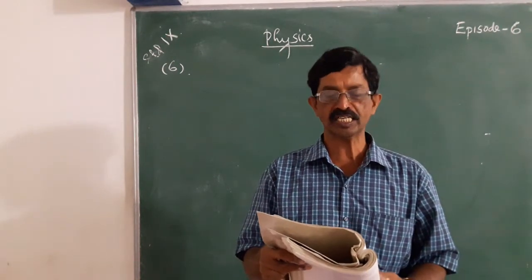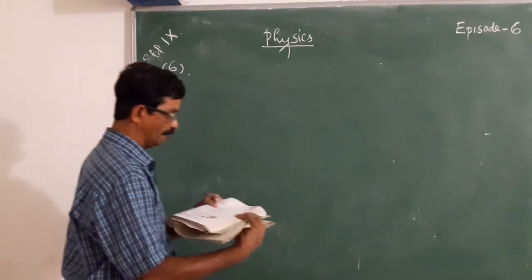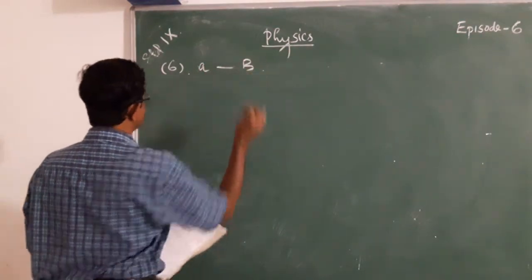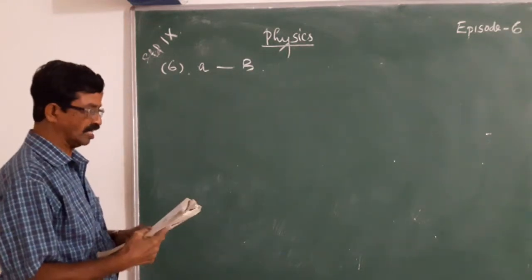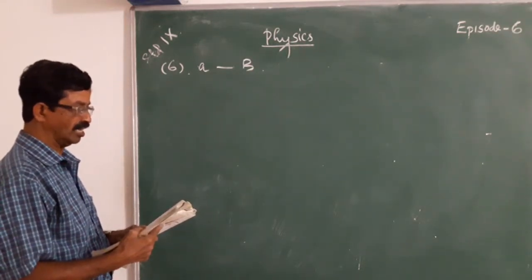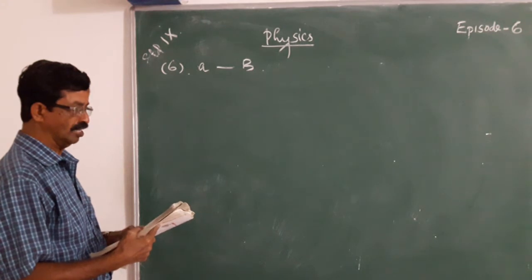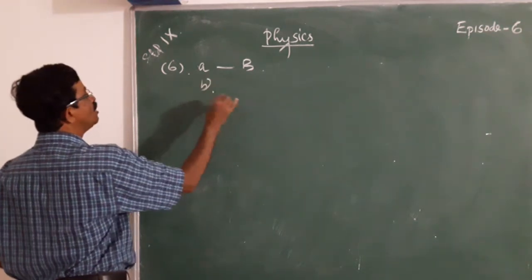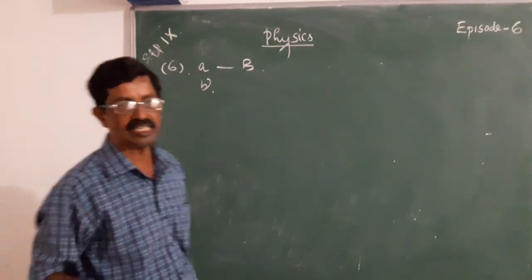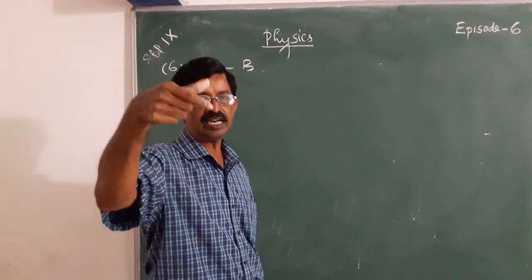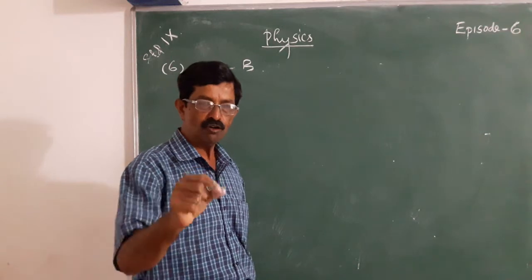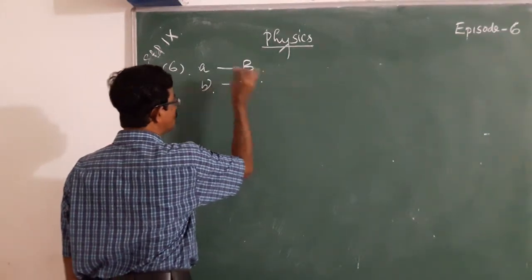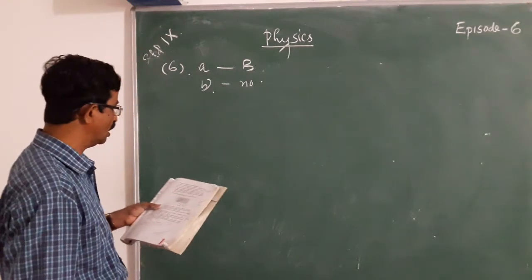B is the answer for question A. That is 6A, answer is B. Now the second question: are all of them ever at the same point on the road? That means if A, B and C all come together at the same time on the road, that answer is no, because by observing the graph we got the answer as no.